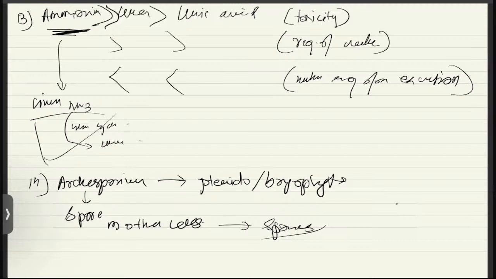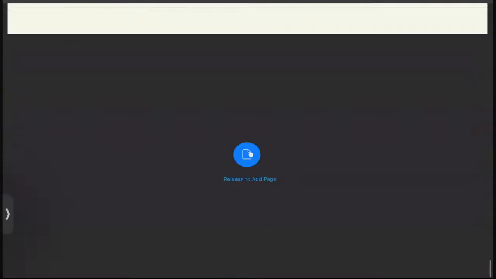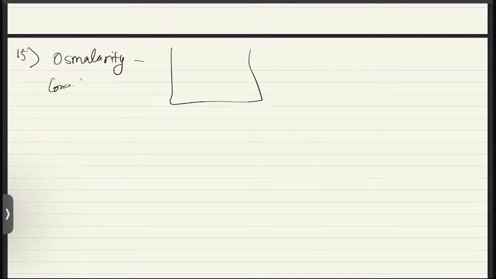Next question. What is osmolarity? So the term actually means osmolarity. Osmolarity is a concentration term. It is expressed in osmoles or milliosmoles.